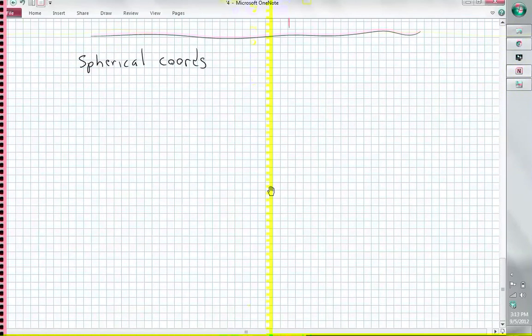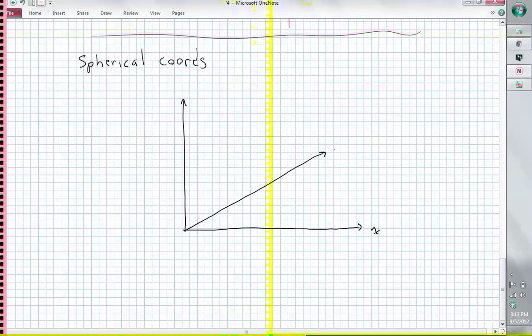So in spherical coordinates, let me start again with our tried and true Cartesian coordinate system. By the way, the way that I'm visualizing this set of axes is y is going into the board, and that's the positive direction into the board.